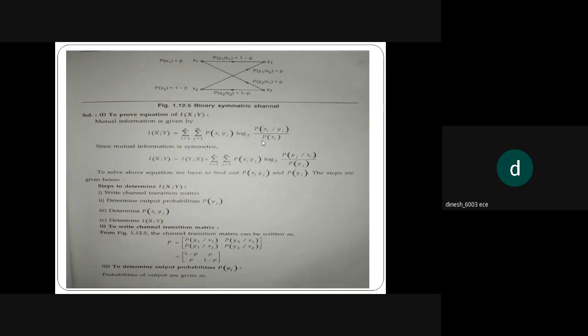again binary symmetric, so two variables x and y having m equal to 2. So x1, x2, y1, y2, and probability of y1 given x1 is 1 minus p, p of y2 given x2 is also 1 minus p, p of y1 given x2 is p, p of y2 given x1 is p, and they have given p of x1 as beta.